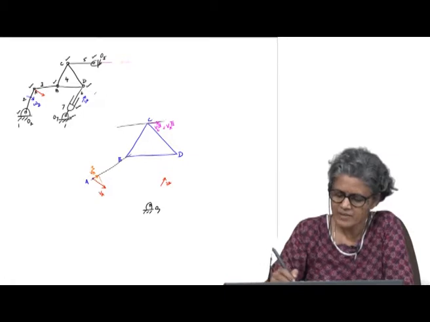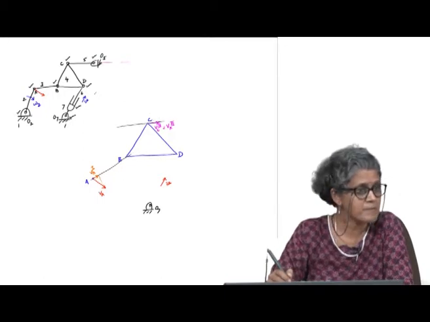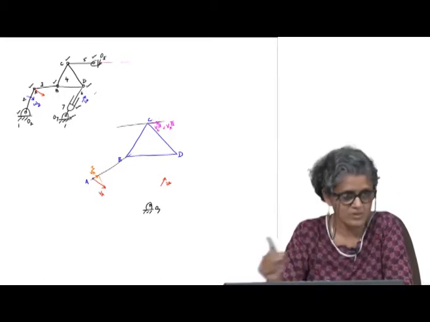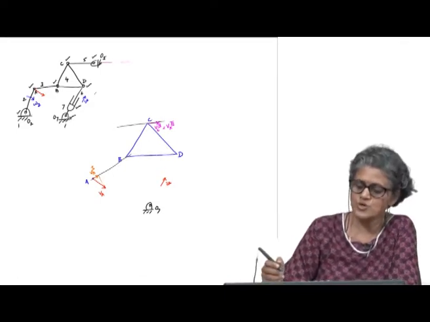The other thing is, I know that the absolute velocity has to be perpendicular to O5C.